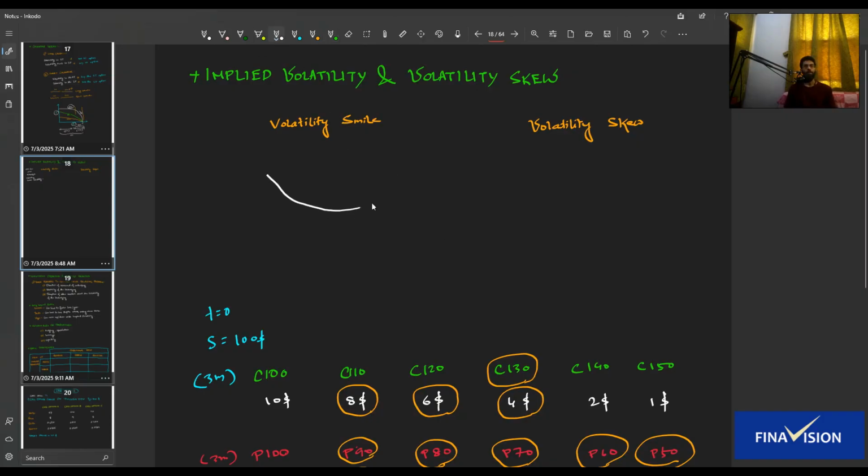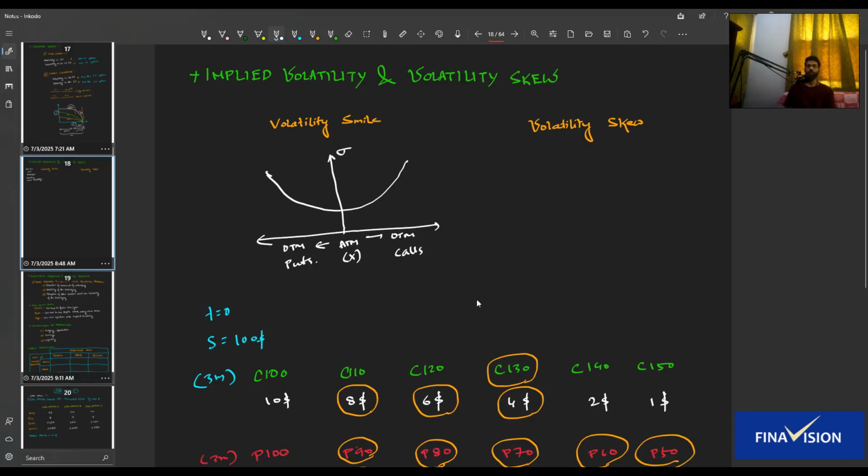This is volatility smile. That for the same moneyness, for out of money options, both call options and put options, the premiums are symmetrically distributed, right? This is the volatility, and here we have the strike prices, this is the ATM strike price, and here out of money calls, and on the left hand side out of money puts.